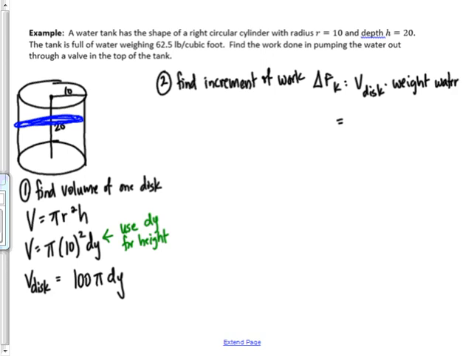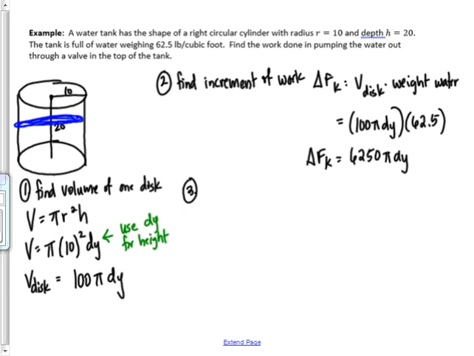So that's 100 pi dy times 62.5, and I get that delta F sub k is equal to 6250 pi dy.